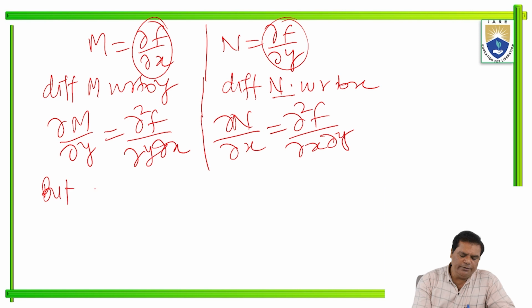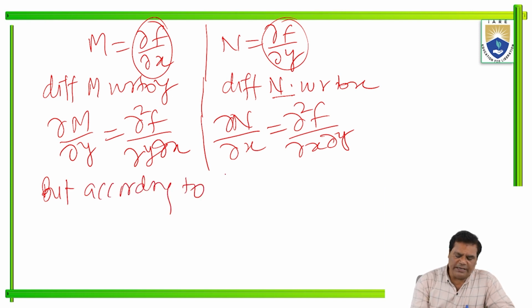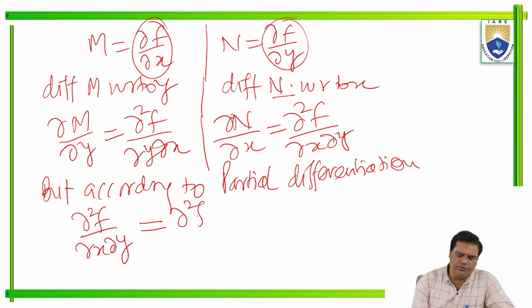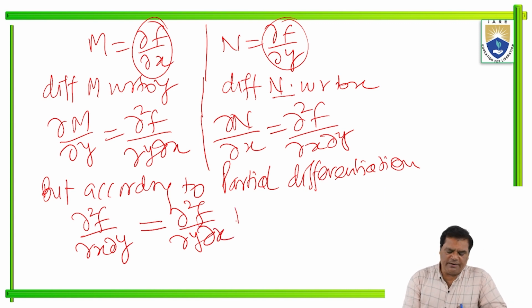According to partial differentiation, del 2f over del x del y equals del 2f over del y del x. This is a property of partial differentiation.